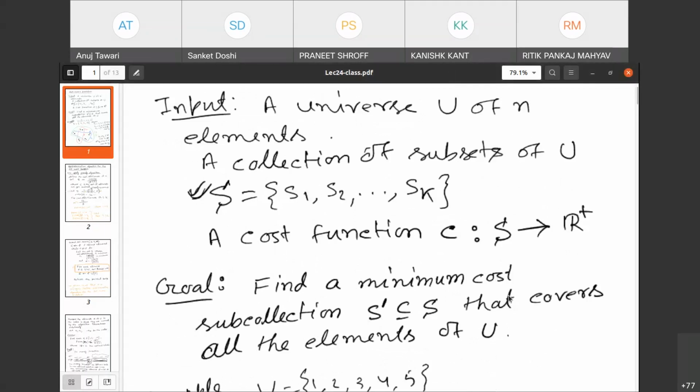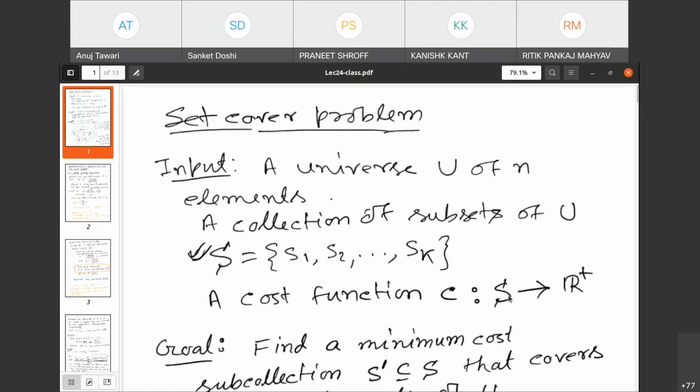This problem is not just of theoretical interest, it has many practical applications too. One of them comes in the communication industry. Let's say this universe you can think of as the number of people in a certain locality, and you want to establish some communication towers.